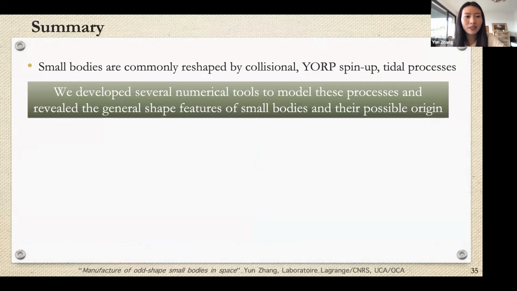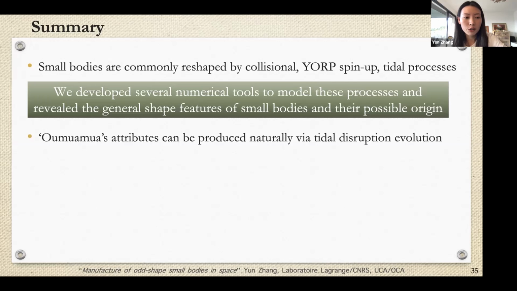So in summary, I've shown that small bodies are commonly reshaped by 3 different major processes, and we developed several numerical tools to model this process and identify the general shape features of small bodies and the relation to their possible origin.